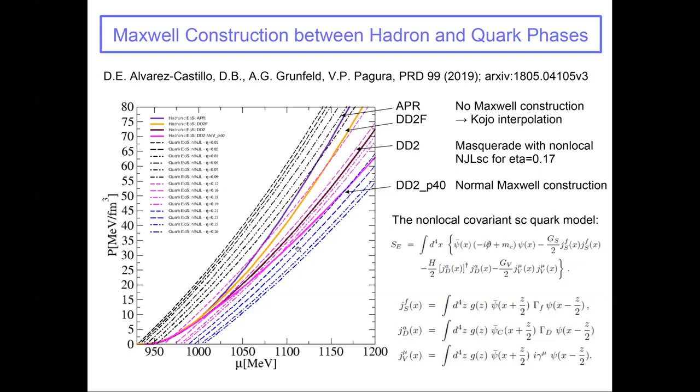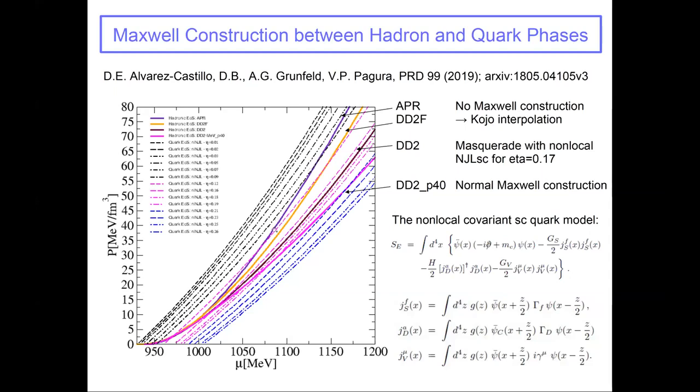So the stiffness you can dial with the coupling constant GV in the vector density interaction. Now we observe the following situation. For APR, we have a crossing with the quark-matter equation of state, but this makes no sense in terms of a Maxwell construction, because according to the Maxwell construction, we should always go along the line of the higher pressure.